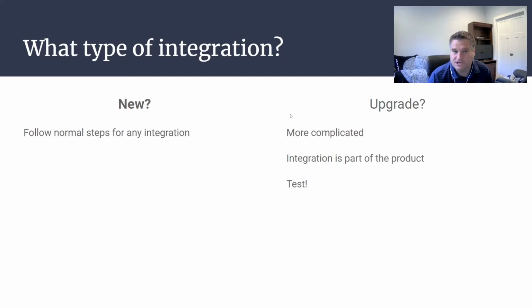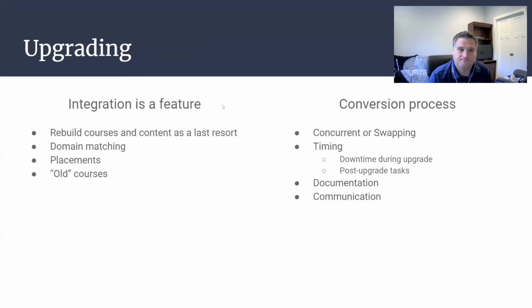But there is a difference between upgrading and new. Remember, here I talk about the integration of the feature. There's some basic stuff they can do. Domain matching, you want to worry about placement. Sometimes the locations where those tools are can get moved. You have to worry about what happens to old courses. At Penn State, we have to keep content around for several years after a course ends. What are your plans for upgrading those courses?